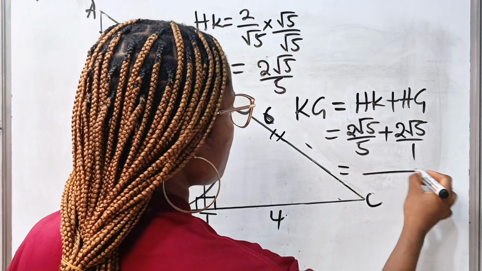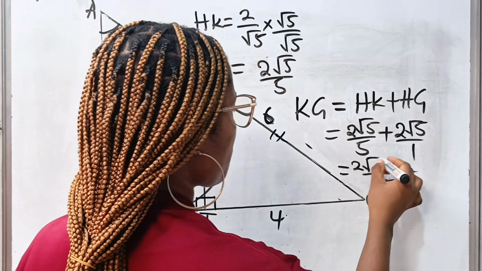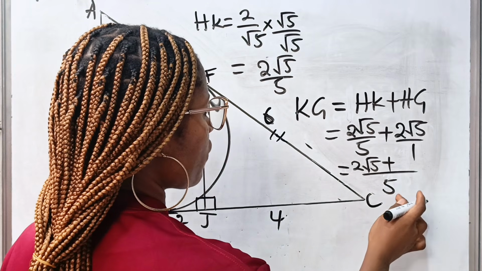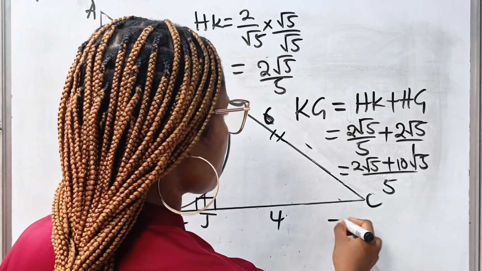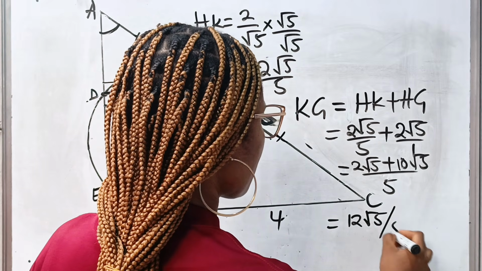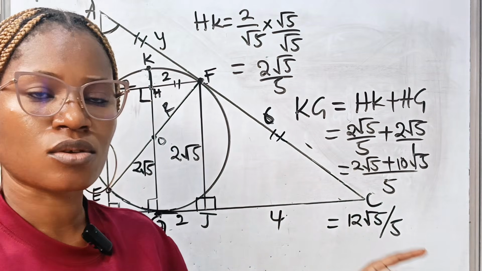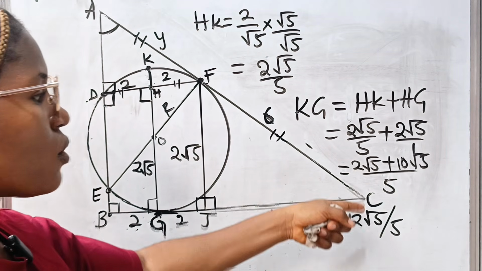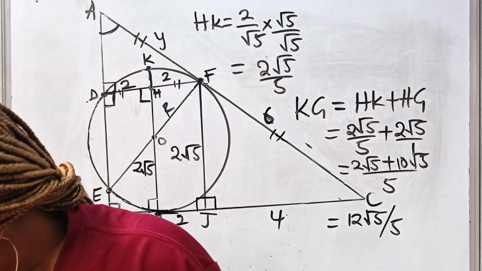So if we add this, the LCM is 5. 5 into 5 is 1 times this is 2 root 5, plus 1 into 5 is 5 times this is 10 root 5. So this will give us 12 root 5 divided by 5, because 2 root 5 and 10 root 5 are similar, so just add them together and return your root 5.